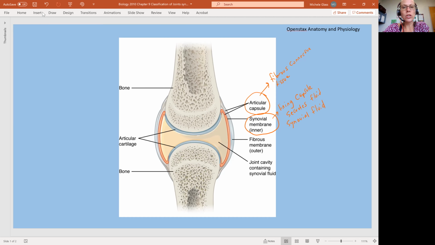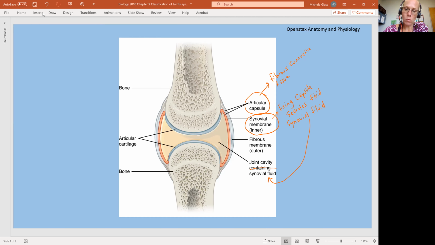So we're seeing these two long bones connected with this fibrous articular capsule. Lining the capsule, we have the synovial membrane, and the synovial membrane is producing the synovial fluid. So this capsule and this membrane are surrounding a space between the bones, and that space is full of the fluid.